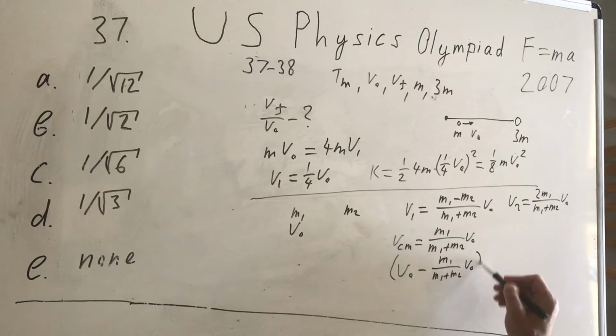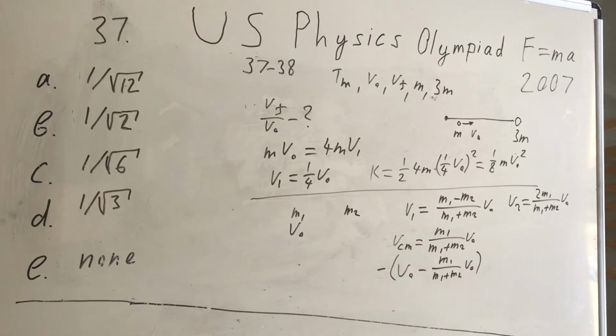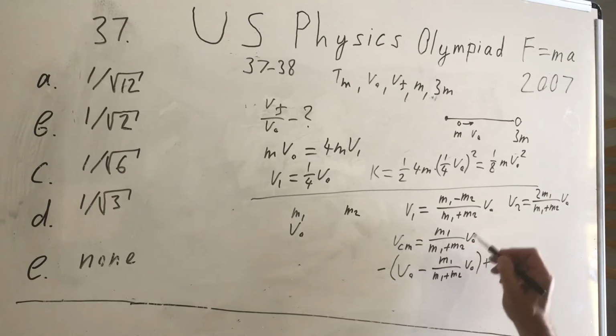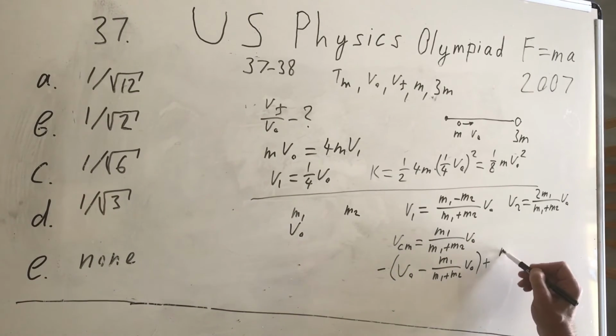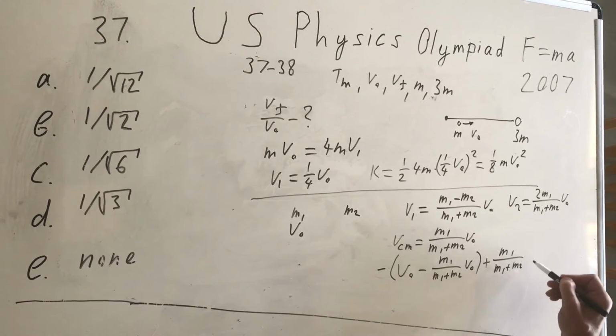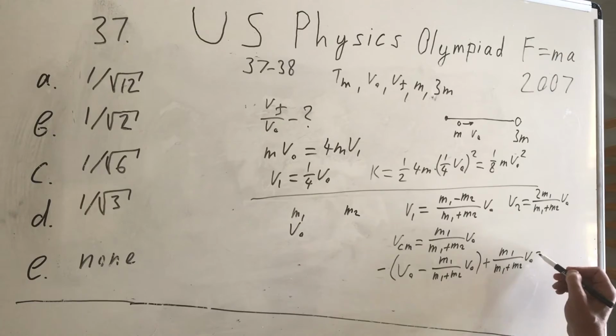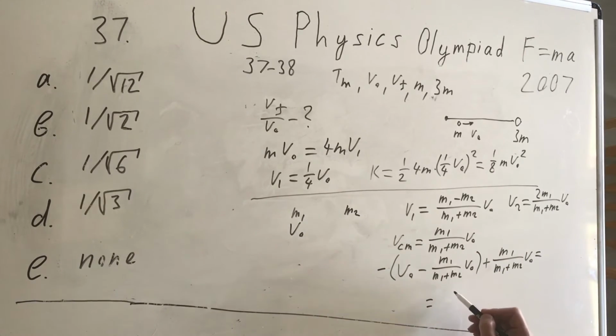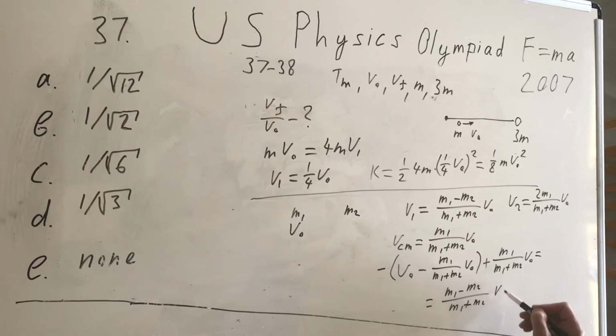After that it will flip, it will be negative, and we go back to our initial frame of reference. We need to add the velocity of the center of mass, m1 over (m1 plus m2) v0, which is finally equal to (m1 minus m2) over (m1 plus m2) v0.